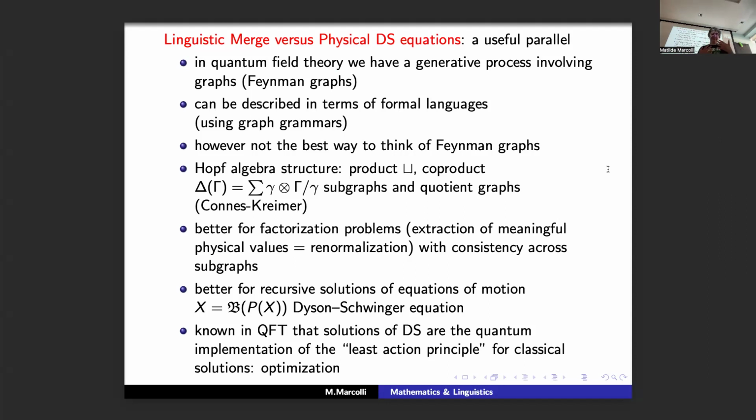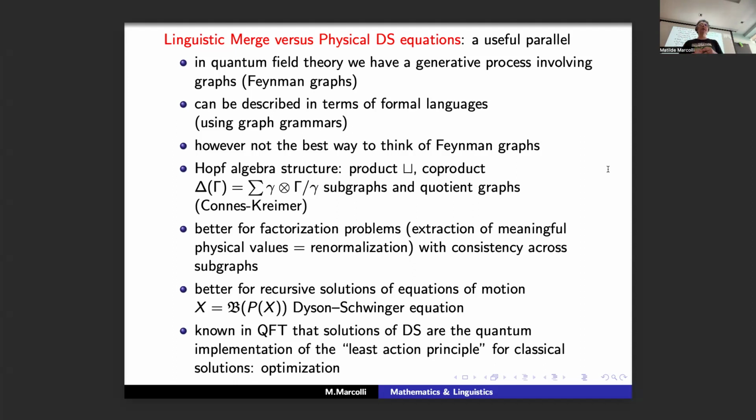And this process has two different ways in which you can describe it. One of them is in terms of formal languages. It's a different class of formal languages from the ones we've seen, like context-free grammars and context-sensitive grammars. These are called graph grammars. I'll say a bit about them so that we see the parallel with the theory of formal languages that one can have in this setting.